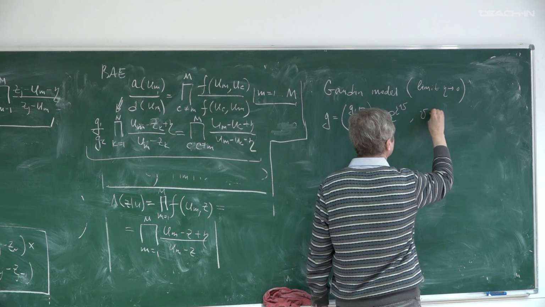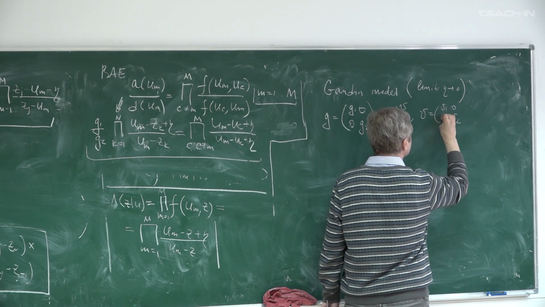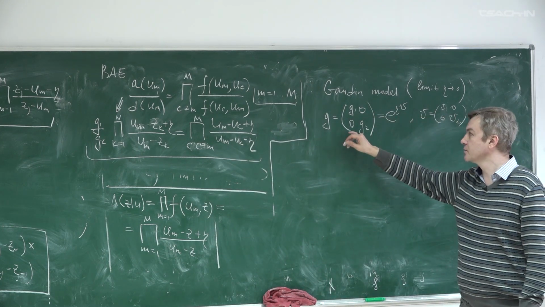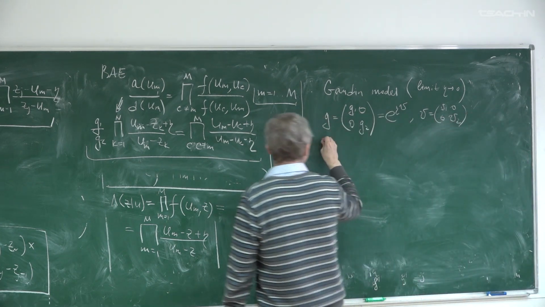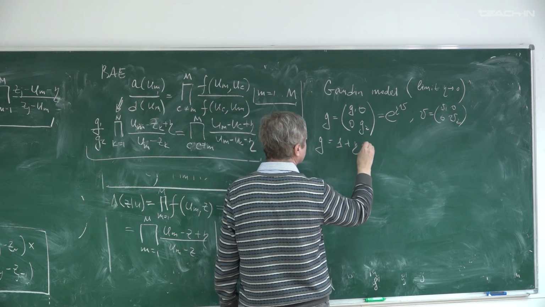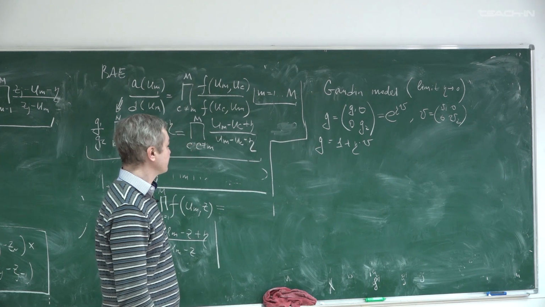I mean, our limit also includes expansion of this twist matrix. So it means that G is equal to 1 plus eta multiplied by V.